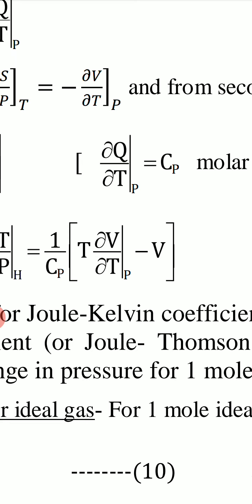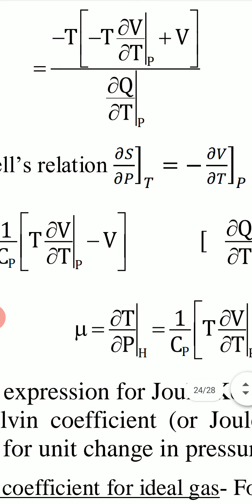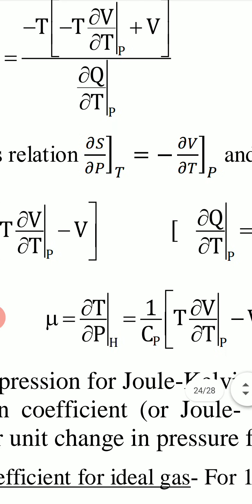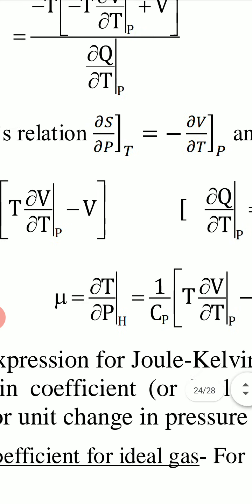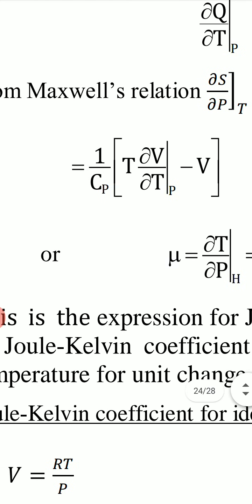If we take m mass in moles and we take 1 mole substance, then C equal to dQ upon dT. So we write Cp equal to ∂Q/∂T at constant P. It is molar specific heat at constant pressure P. So in denominator, which is ∂Q/∂T at constant P, it is Cp.